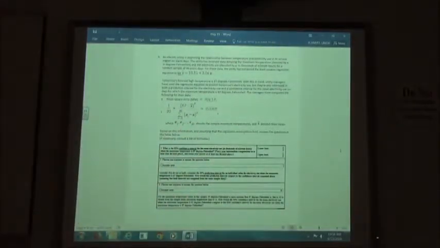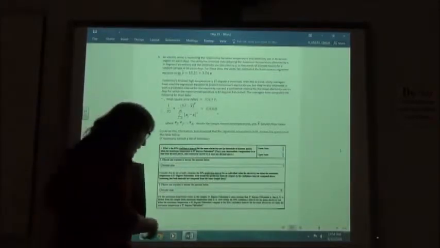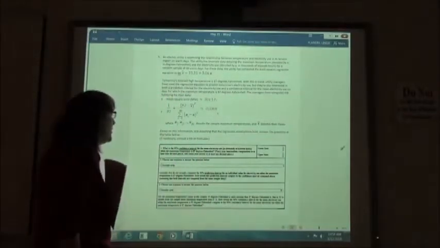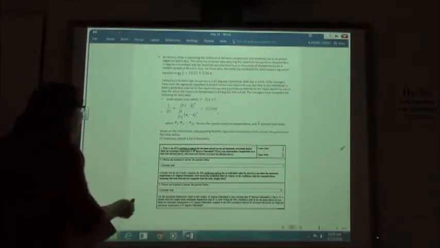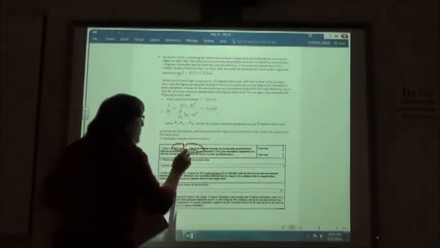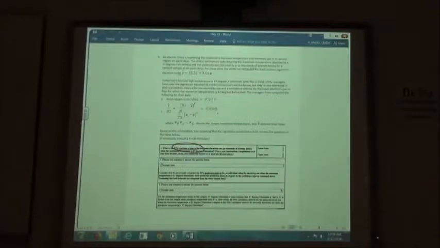Based on this information and assuming the regression assumptions hold, answer the questions in the table below. So on this one, we want to know what is the 90% confidence interval. If you remember on number 4, they asked you for the prediction interval instead of the confidence interval. So the formula is just a little bit different than what we did on number 4.